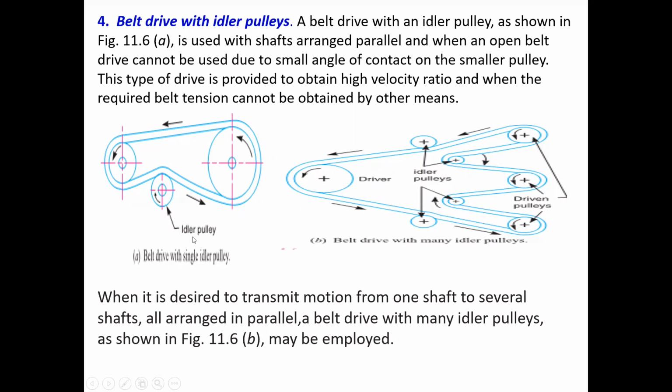So the first one indicates only one idler pulley, and in our second case they may also have more idler pulleys. They may also be arranged here.